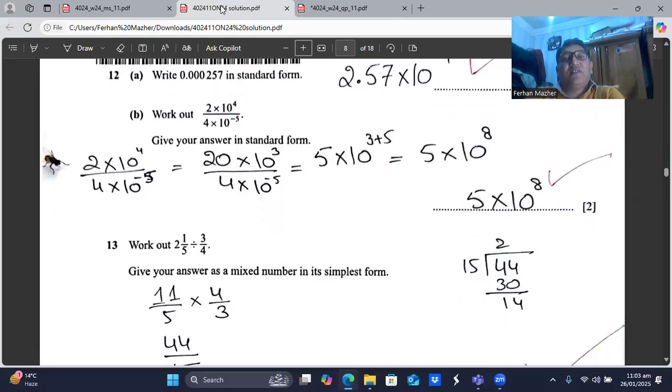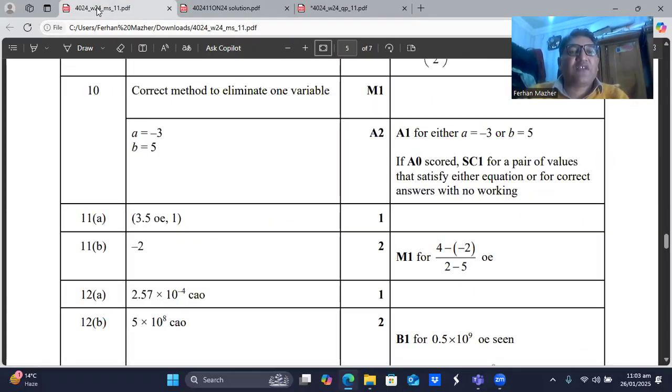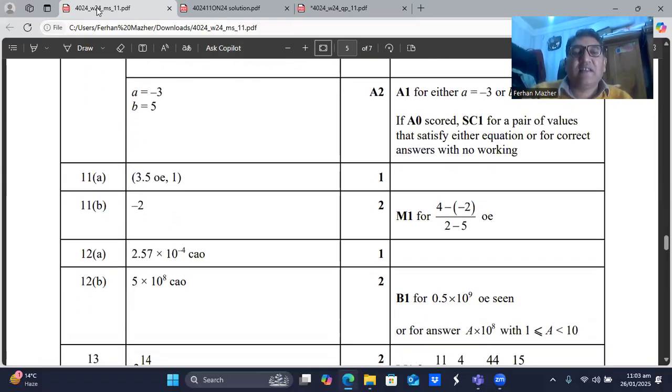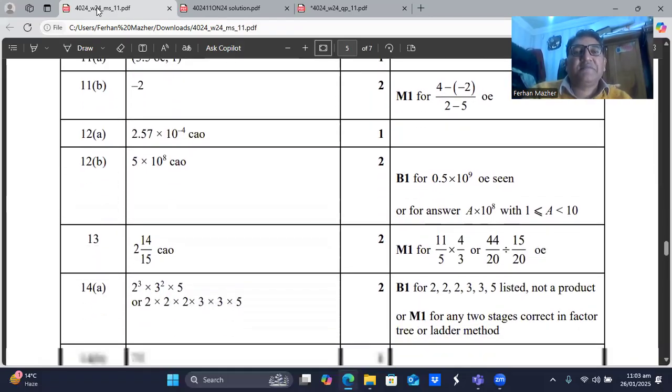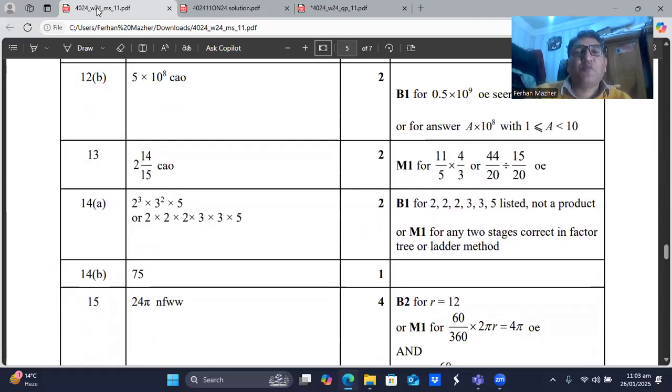So 20 divided by 4 is 5. And this power will be subtracted: minus 3 minus minus 5, so that will become 3 plus 5. So it will be 5x power 8. So 5x power 8 is the right answer.